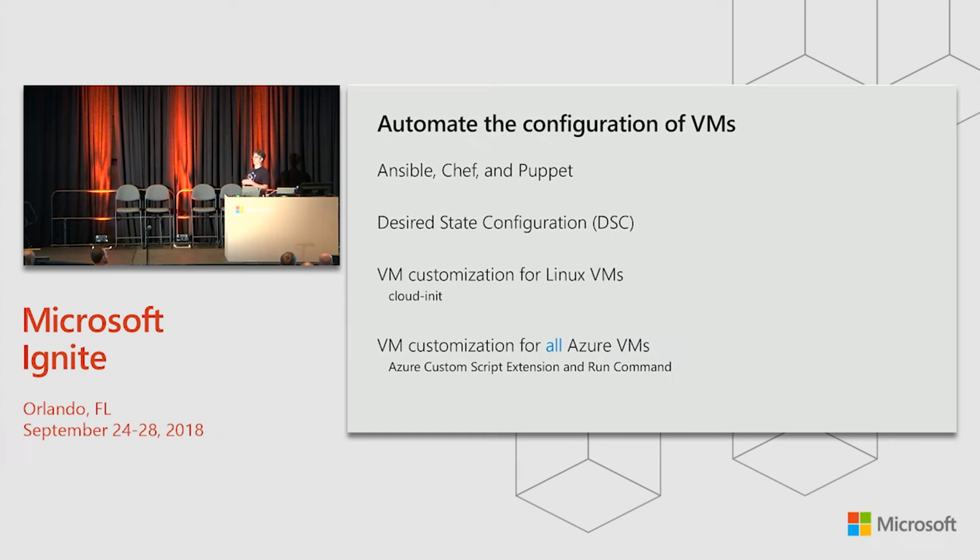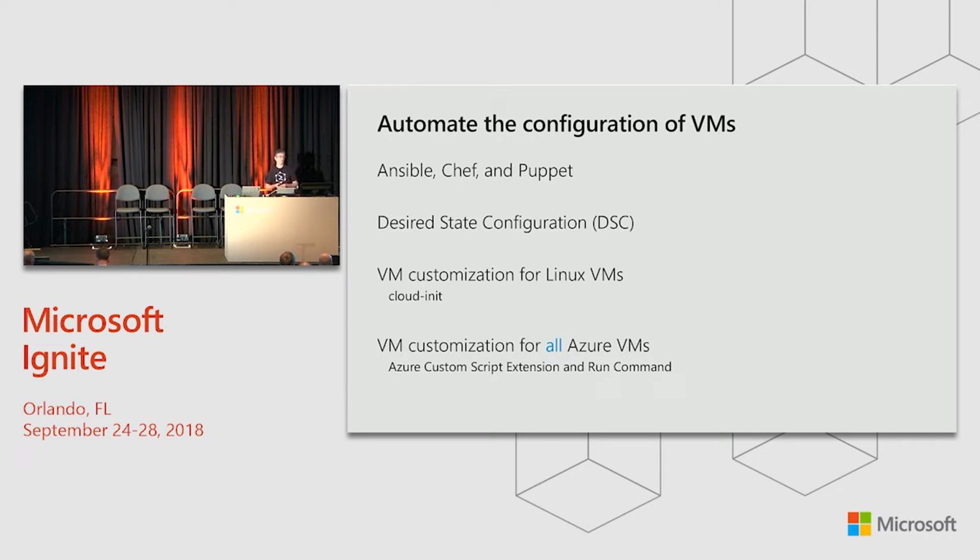When we talk about configuration of our VMs, we can use a couple of different tools. For example, very popular are Ansible, Chef, and Puppet, and also Microsoft's own Desired State Configuration. You can fully configure your VMs. It's up to you and your team inside your organization.